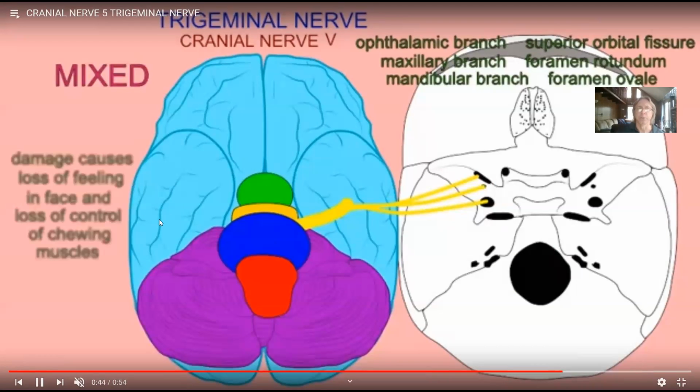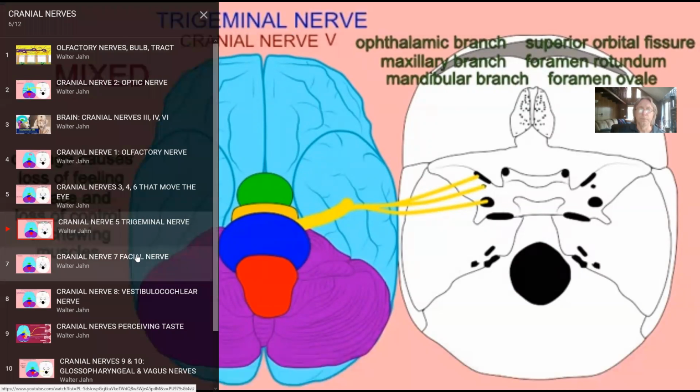So the trigeminal nerve allows feeling the face, all right? So you feel the general senses of the face, touch, pressure, pain, etc. But then the movement of the mouth, so the control of the chewing muscles. So this allows you to feel your face and move your mouth.